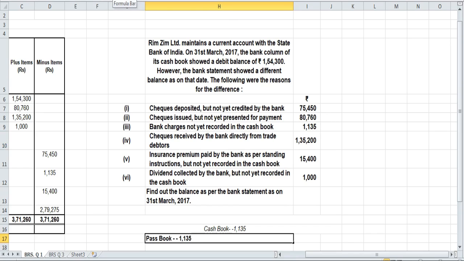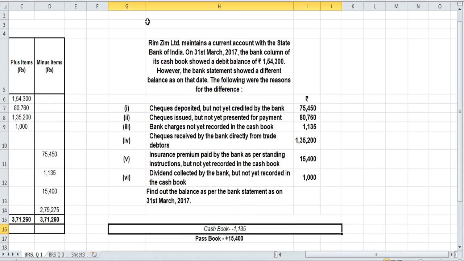One of the customer, he deposited the check directly. And this is for 15,400. But there is no deposit in the cash book.